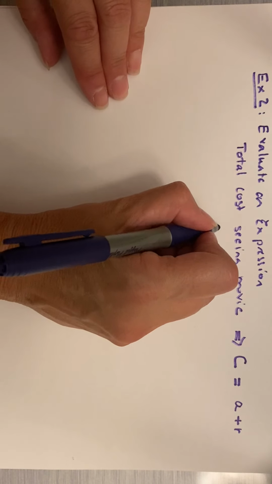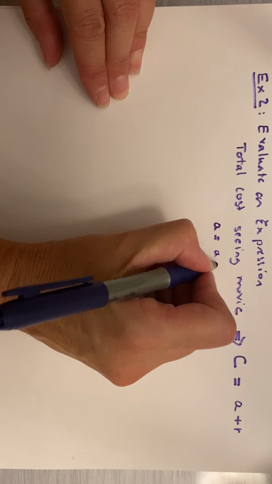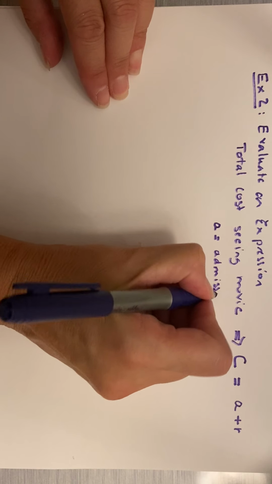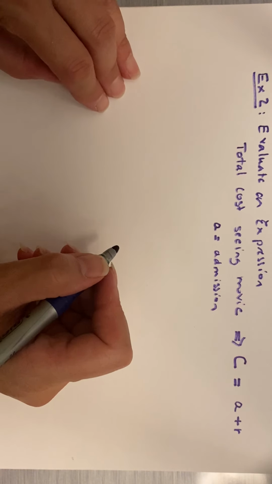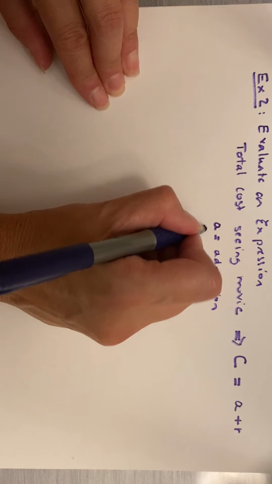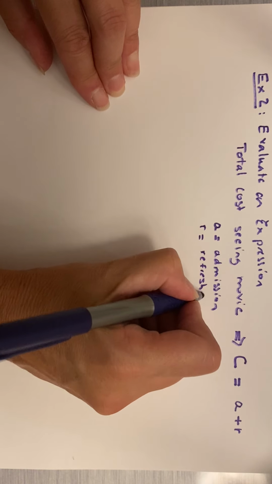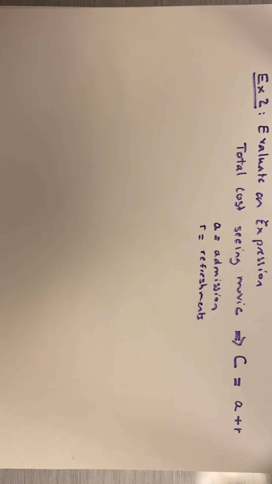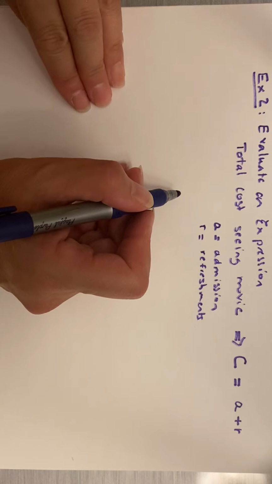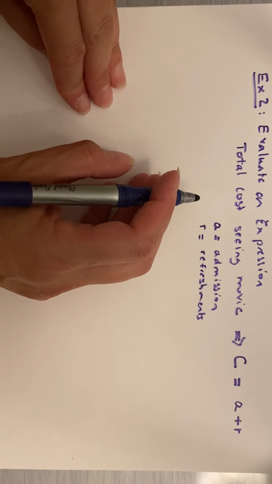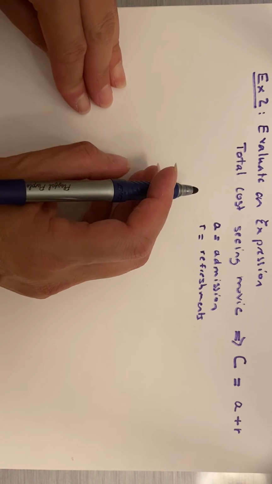Where A is the cost of admission, in other words, your ticket. And R is refreshments, in other words, what snacks you're going to get. And however much you pay is the total. Well, you can't evaluate this expression unless somebody tells you what this movie theater costs.